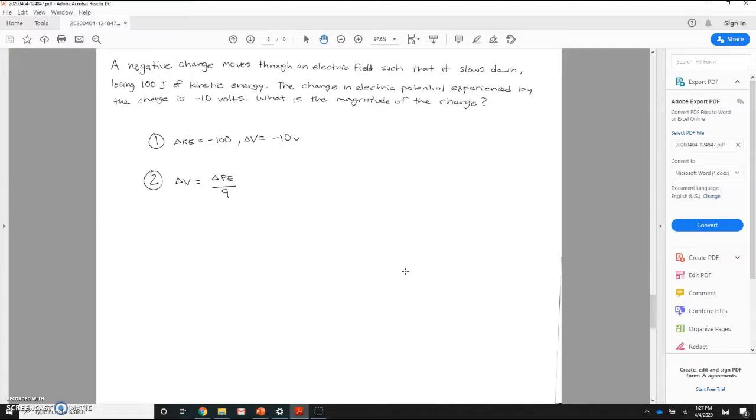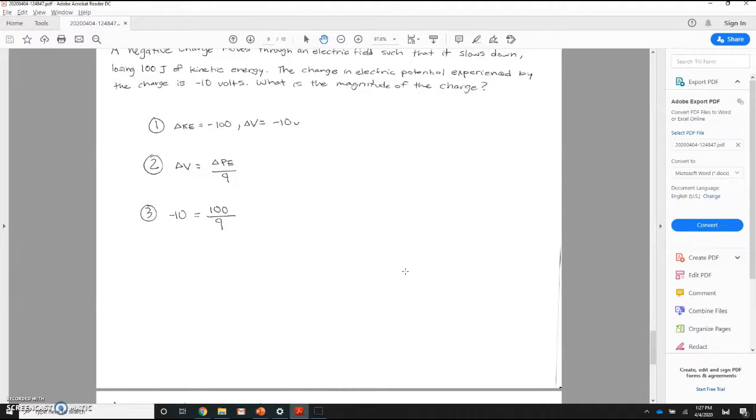We know that the formula for the electric potential is change in V equals change in PE divided by Q. And so here we have our change in V, which they give us, change in potential energy, which we know that if kinetic energy is losing 100 joules, then potential energy would be gaining 100 joules. So we could plug in 100 for that, and then the charge is what we're looking for.